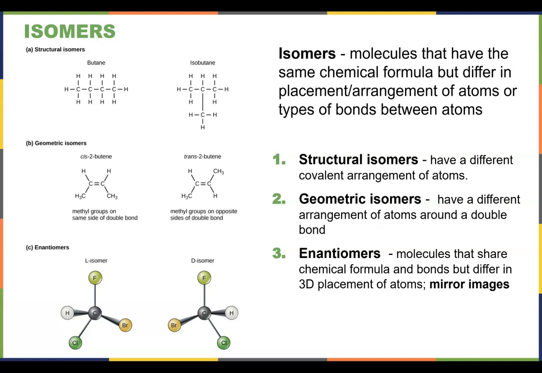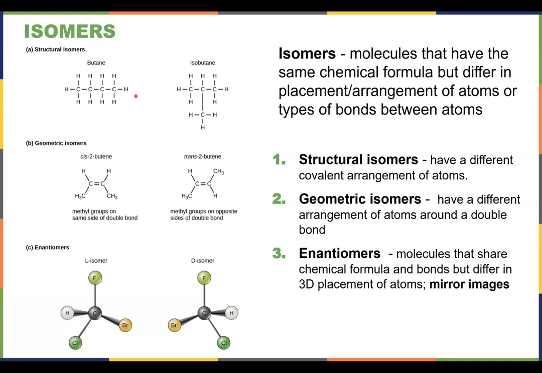Isomers is another term you might hear. They are molecules that have the same chemical formula, but their structure is different. So if we take a look at butane and isobutane, isobutane tells you it's an isomer. 4 carbons in butane, 4 carbons in isobutane. But look at the difference. So isobutane kind of makes a T shape, and butane has this linear shape.